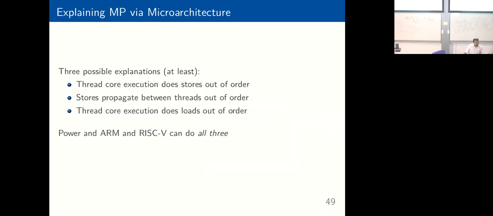Right. Question? What is the difference between the first two bullet points? So the first one is getting at the thread itself maybe doing the stores out of order, just because I wrote the programs in that order.